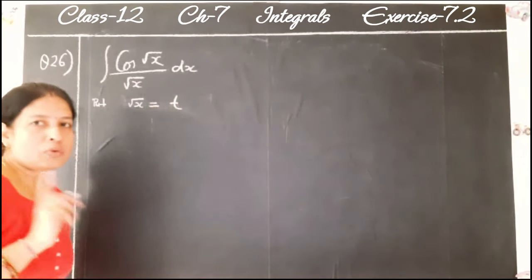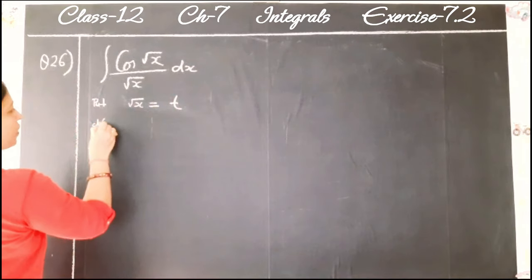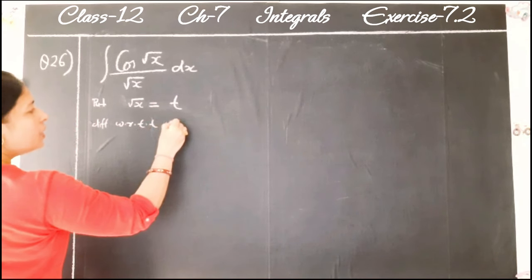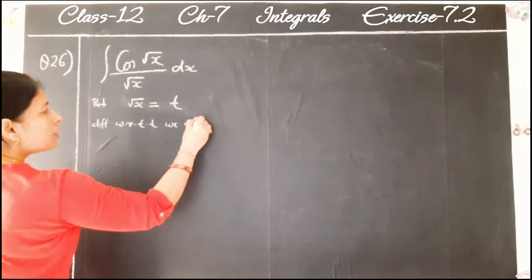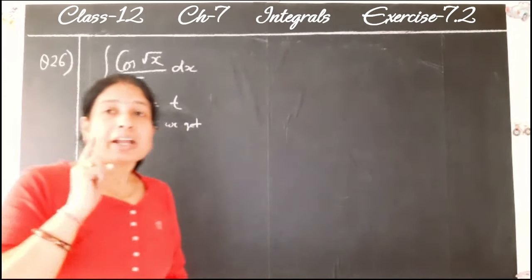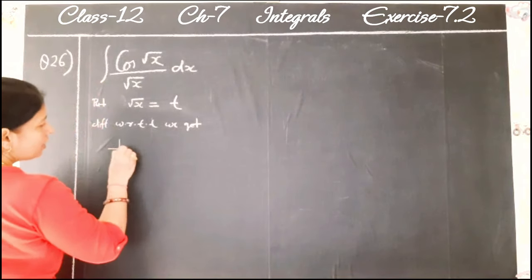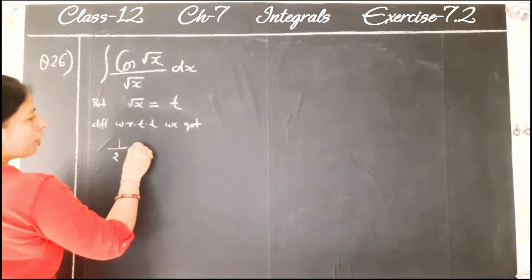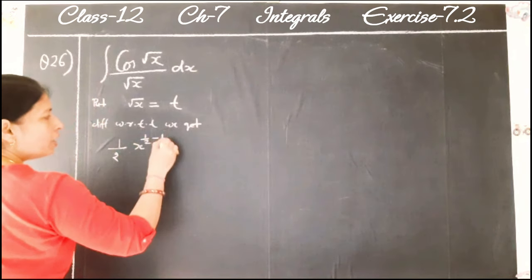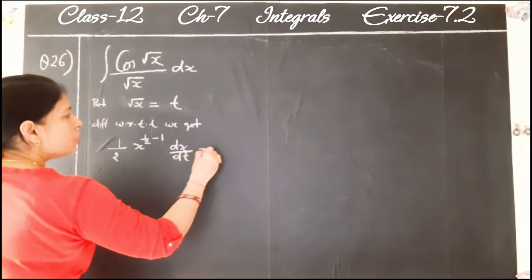Now differentiate both sides with respect to t. Here it is root x. Root x means x to the power 1 by 2. When we differentiate, we get 1 by 2 x to the power 1 by 2 minus 1 dx by dt is equal to 1.